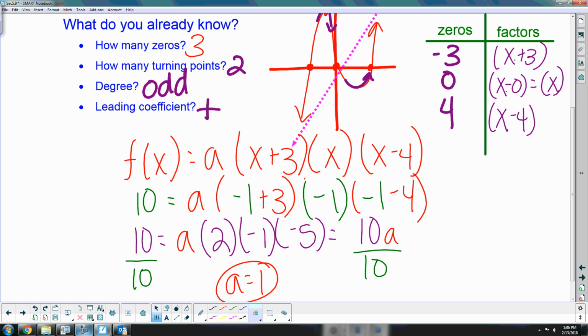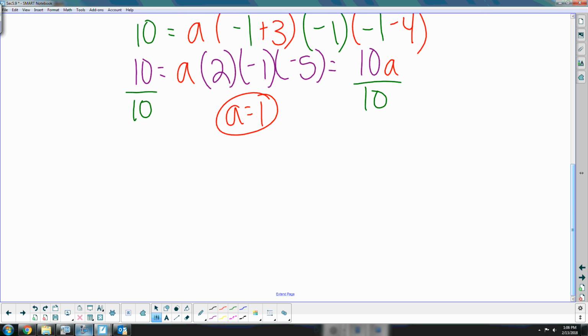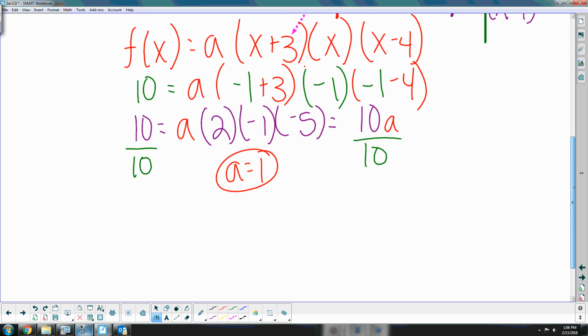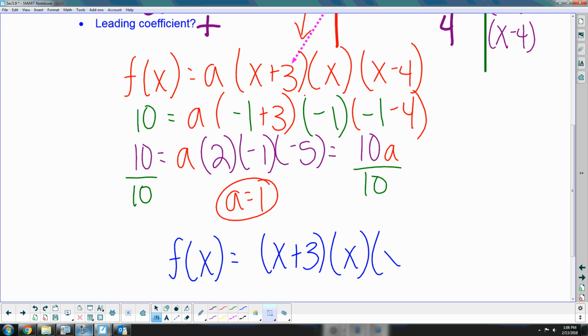So now we can actually write our polynomial function. We know that our leading coefficient is positive. Here's our leading coefficient, a. It's positive. So now we can write our polynomial function. f of x equals 1, we don't need to write that, times x plus 3 times x times x minus 4.